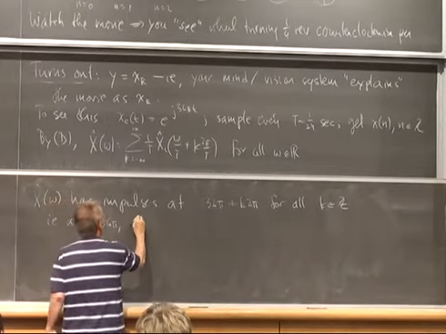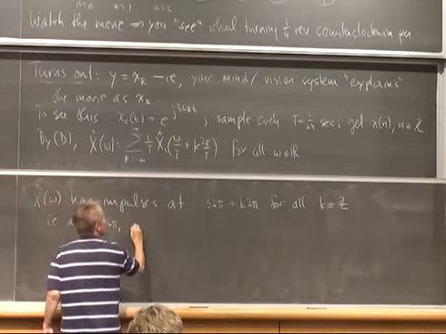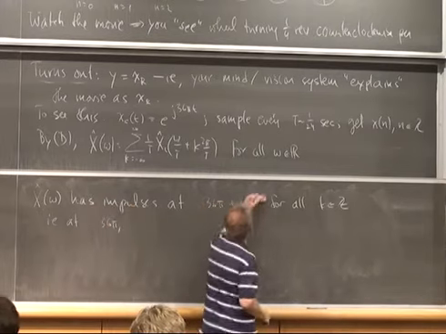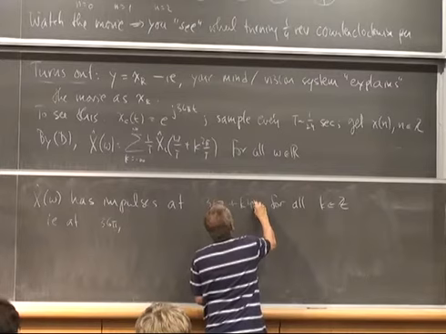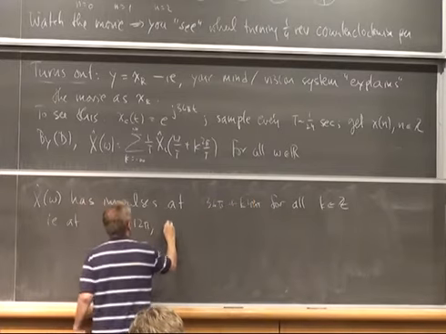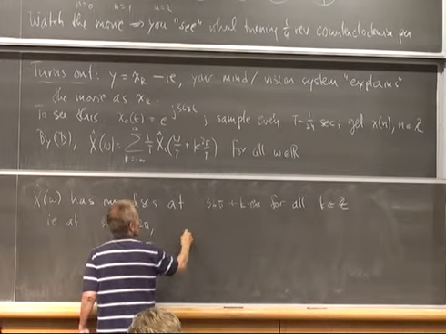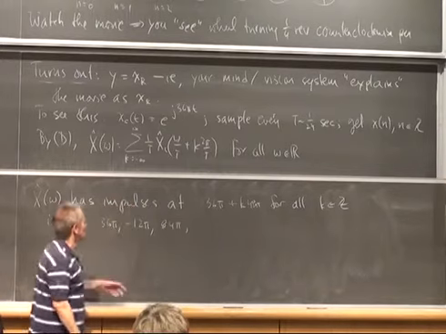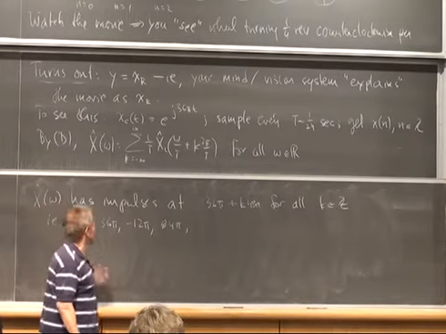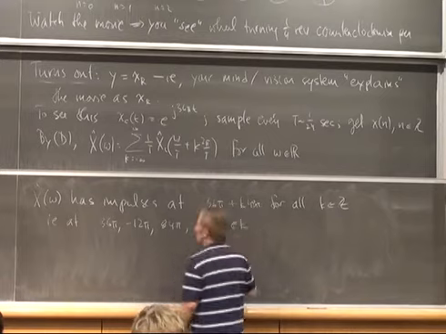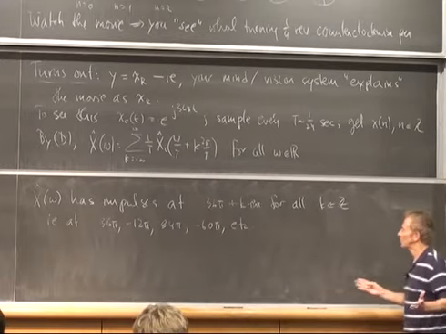There's one at 48 pi, or k times 24. I always forget the 24. There's one at minus 12 pi. There's one at 36 plus 48 is 84 pi. And 36 minus 96 is minus 60 pi, etc. Right? Fair enough?